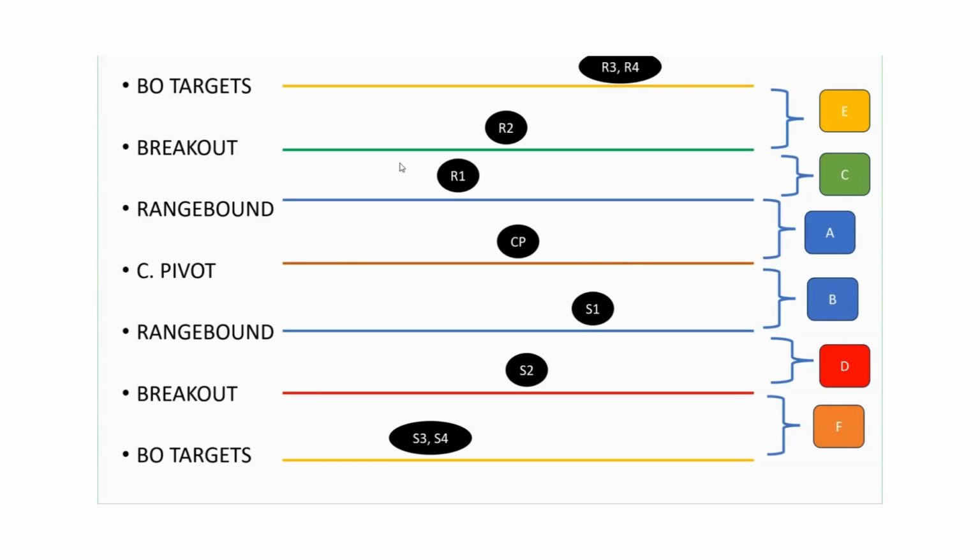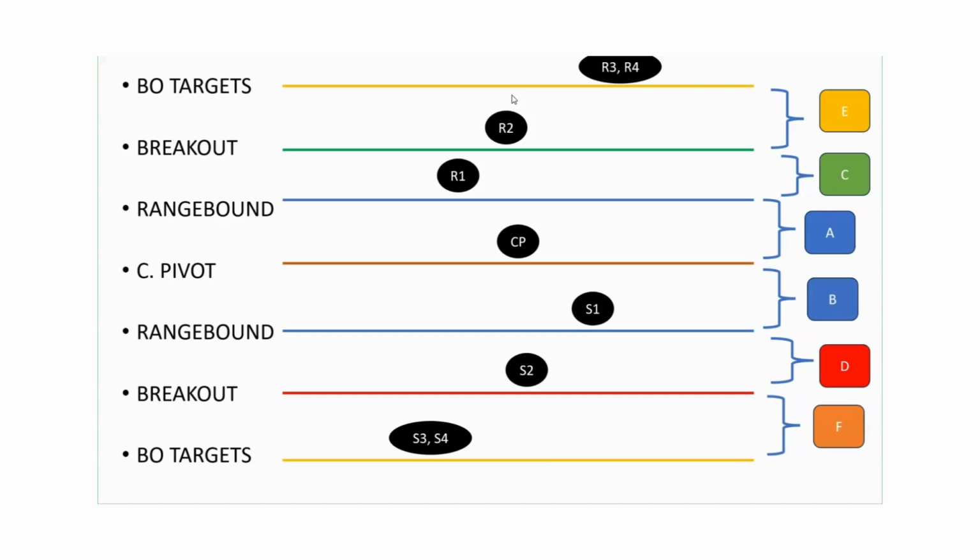The next level will be your R2. R2 is the breakout point. In case of lower breakout, if the price comes down, then this point, the S2, is the breakout point. If it breaches the R2 or if it breaches the S2, then there will be breakout.